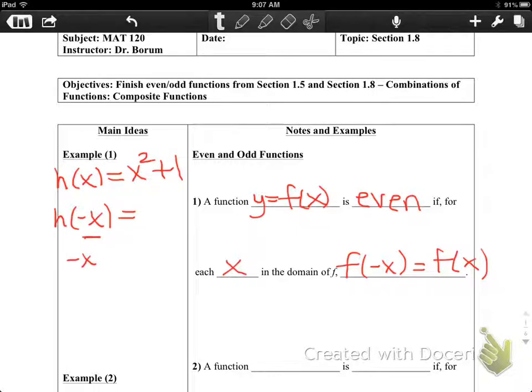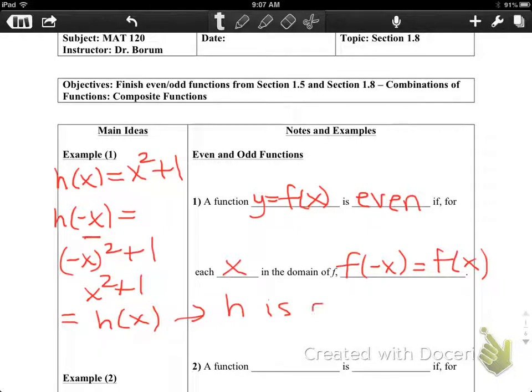So it's very important to use parentheses when you have negatives in general. So negative x squared is going to give us x squared plus 1, and that equals h of x. So in this example, we would say h is an even function, or you can just say even. I'm going to use the abbreviation fxn to represent function.